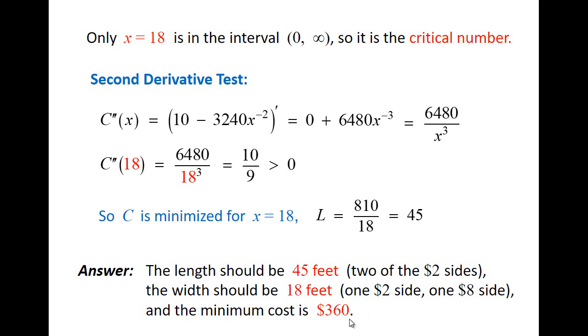So to build a rectangular area with fencing with fixed area 810, the minimum cost that will be required is $360.